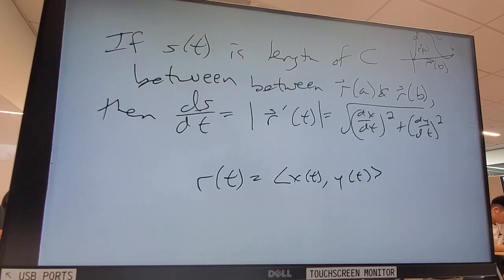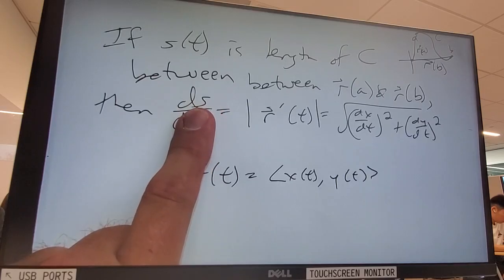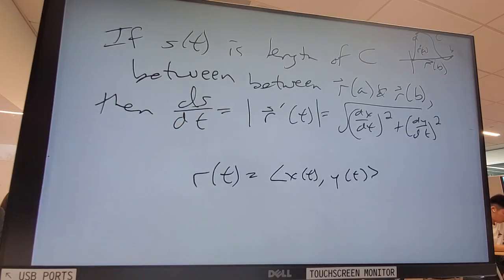Can I clarify what dt represents? As the parameter value changes, how does my arc length change, for example? So ds by dt sounds like a speed, a velocity kind of thing. With respect to parameter change, yes. There are a lot of things we've done in the past where working with respect to arc length change was difficult.